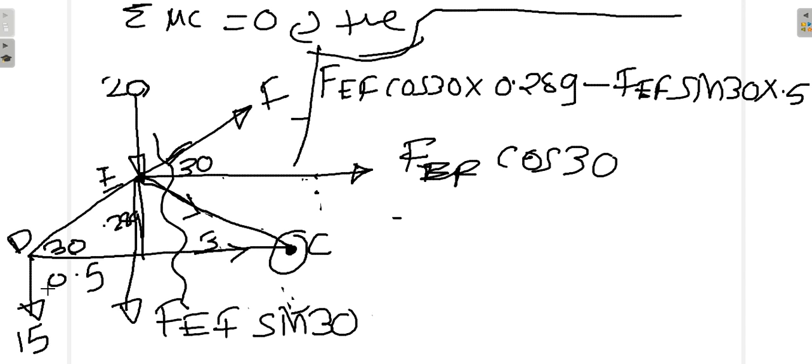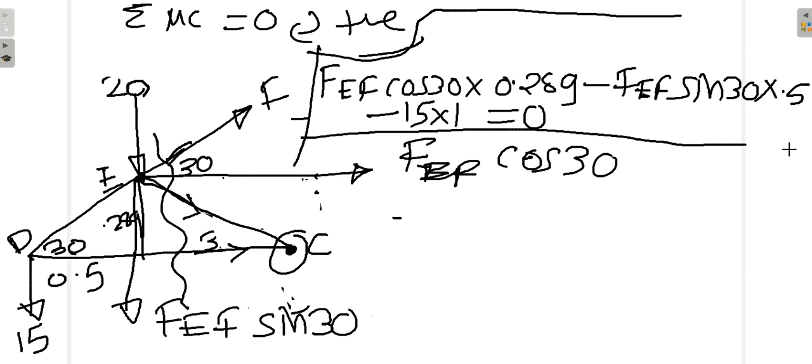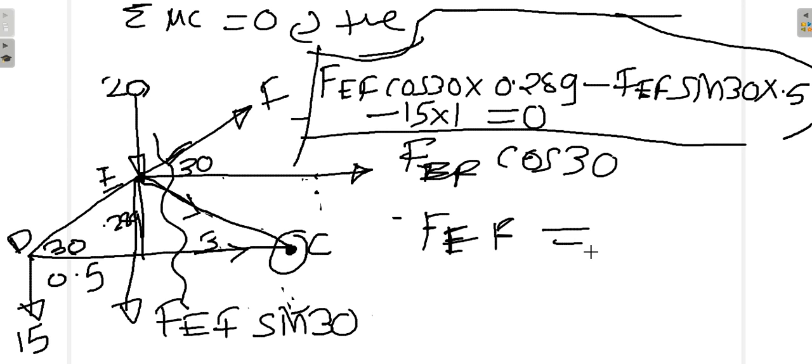And last, 15 will have again an anti-clockwise moment with a moment arm of 1, equal to 0. See this equation. If you solve this particular equation, we should be able to get the value of EF. Let us do this quickly, please you also do the calculations. I am also doing it.